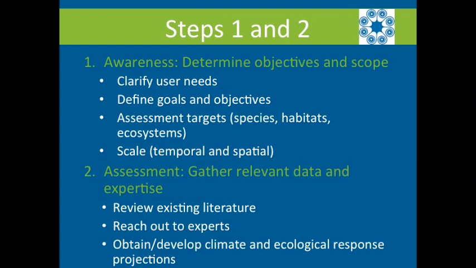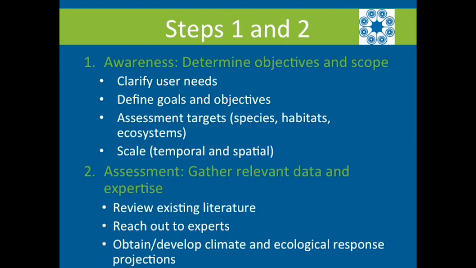So thinking about what are the actual needs of the working group and the working group committee members and the agencies that are involved, defining the goals and objectives for them, not including climate change, but before you start thinking about climate change, assessing what the targets are going to be. That's that focal species and habitat workshop that we did. And then thinking about the scale. What is the scope of time that you want to be developing a preparation for?